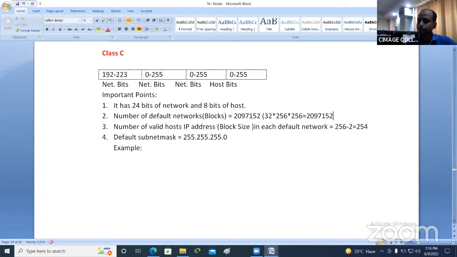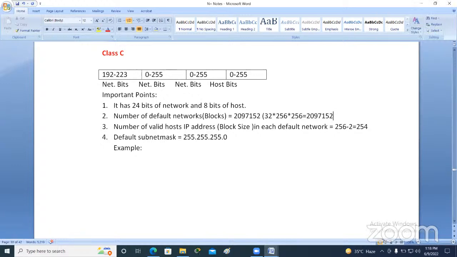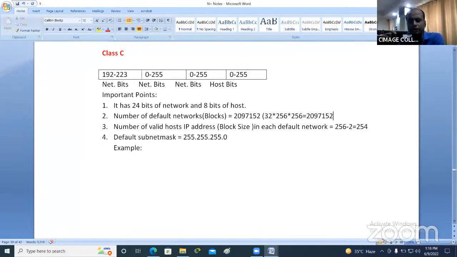To define a different network, if we make any change in the first three groups, that change will give you a different network. Correct?